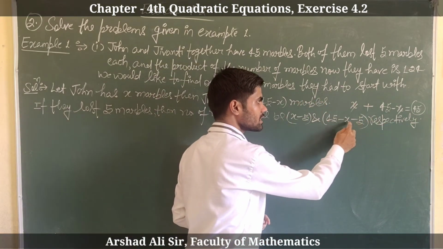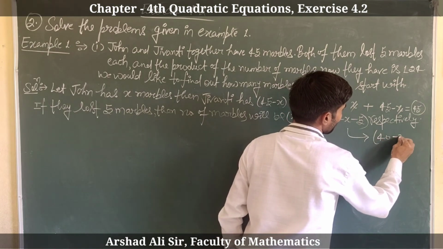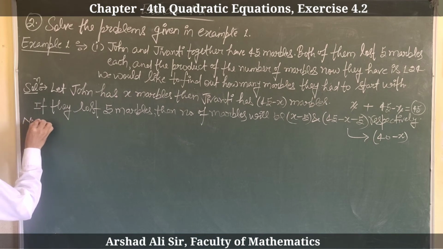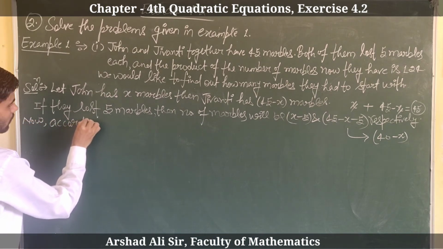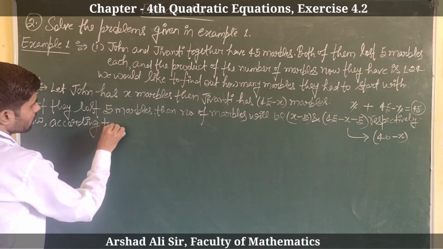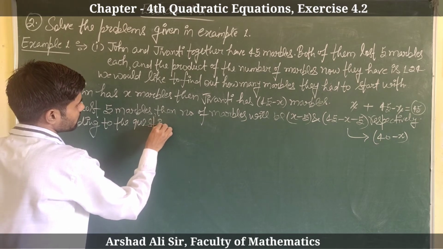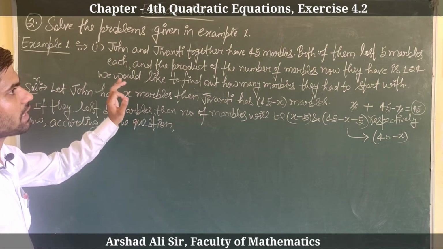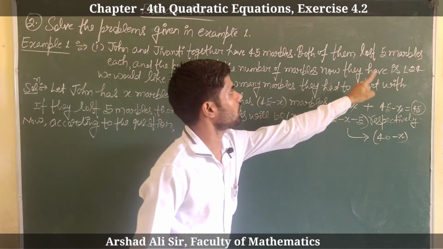45 minus 5 will be 40. We can write 40 minus x. Now according to the question, what is the question? After they have lost 5 marbles, the product of the number of marbles is 124.